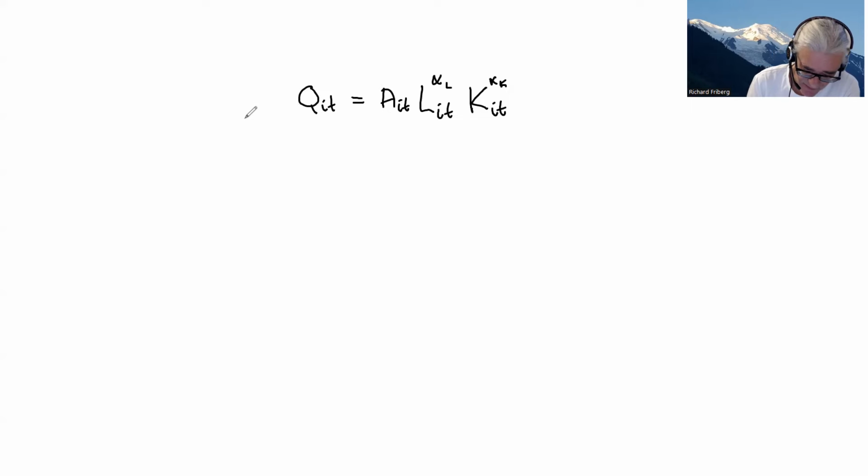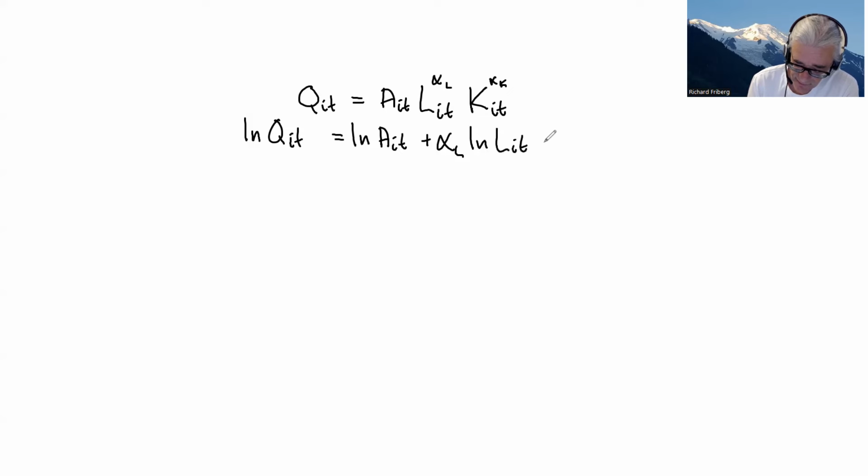So just to give you the intuition for what's going on here. Say we take the log of Q_it, we take the log of everything. We would have the natural log of A_it plus, which we do when we take logs and the exponent moves down, alpha L times log of L_it plus alpha K times log of K_it.